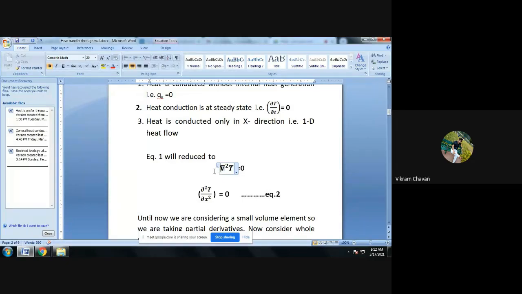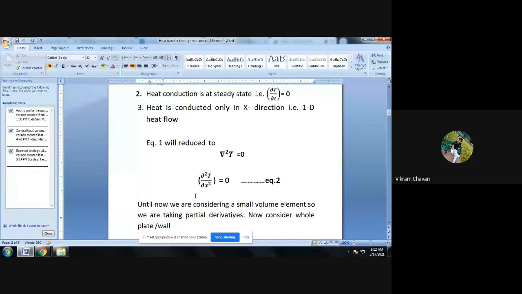Here we are going to consider that heat is flowing only in the x direction, so the temperature change with respect to y and with respect to z is equal to 0. So our derivation reduces to dou 2T divided by dou x square is equal to 0. That will be equation number 2.